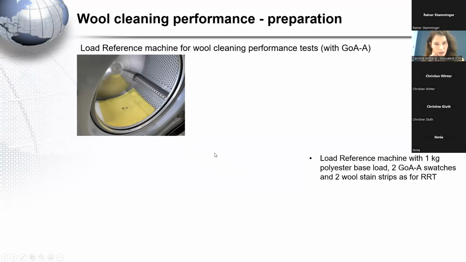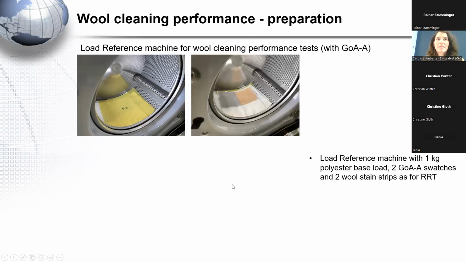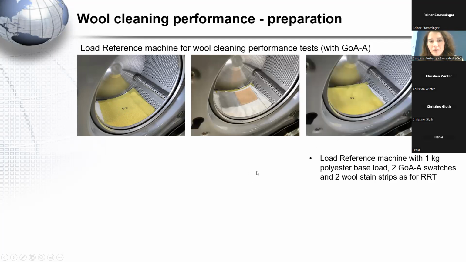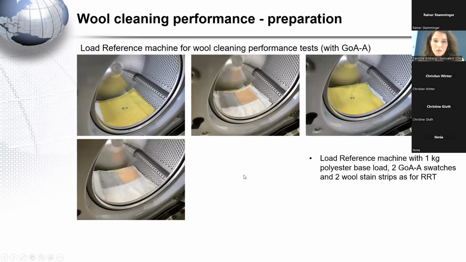What we have done when we tried it out, for example, for the reference machine where we have to add 1 kilogram polyester base load and 2 Goa A swatches and 2 wool stain strips, we have divided this polyester base load into 5 even parts, and then we started with the first bundle of this polyester base load, then added the Goa A on it, added the second bundle of this polyester base load, and then put the wool stain strip on it, and so on, to have it evenly loaded. So that's what we have done.